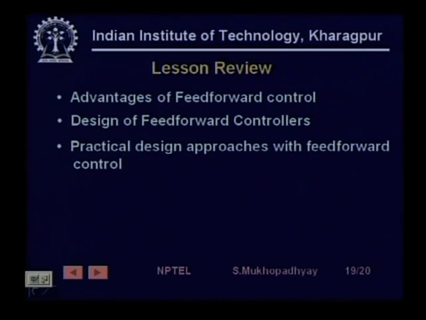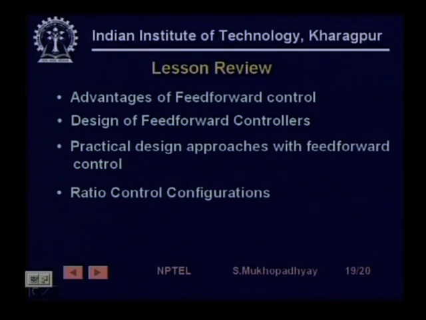Then we have seen that, in practice, models, especially dynamic models, cannot be obtained very accurately. It is nearly always very difficult to get dynamic models accurately. Therefore, we must combine a feedback controller along with the feed forward controller, so that the control error due to the modeling inaccuracies will be corrected in the feedback loop slowly, but eventually they will be corrected.